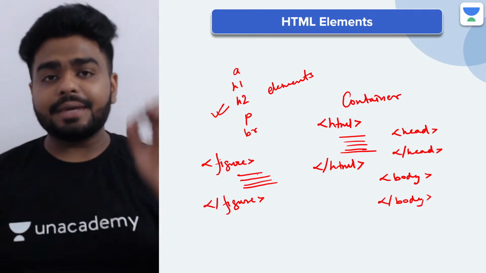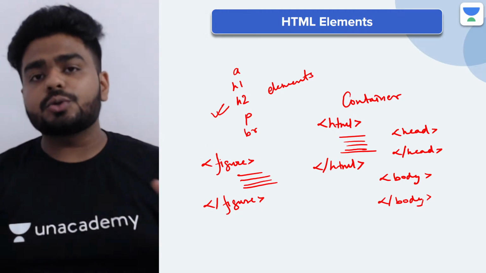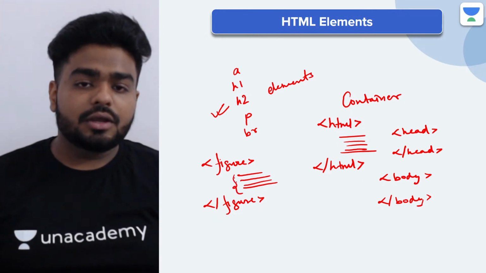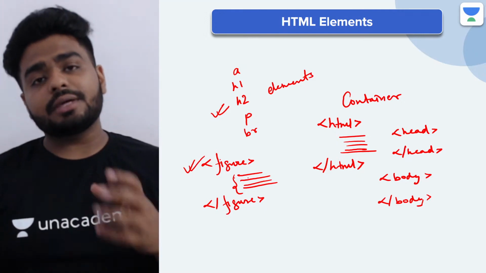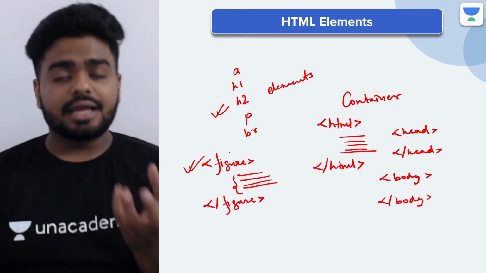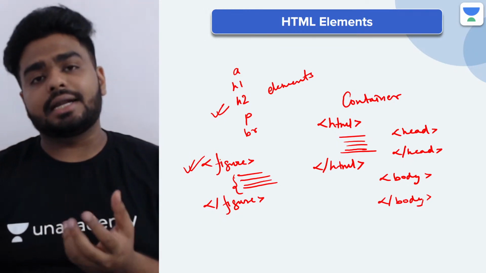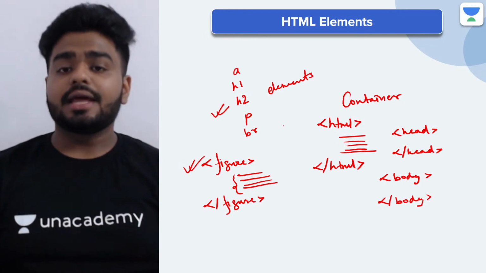So all the image tags or all the tags which will give you the audio, the video, all those things will be inside this tag. So figure is not doing anything. The audio, video and image tags are doing everything, but figure is acting as a container, inside which all the multimedia items are contained, right? That is what a container is.